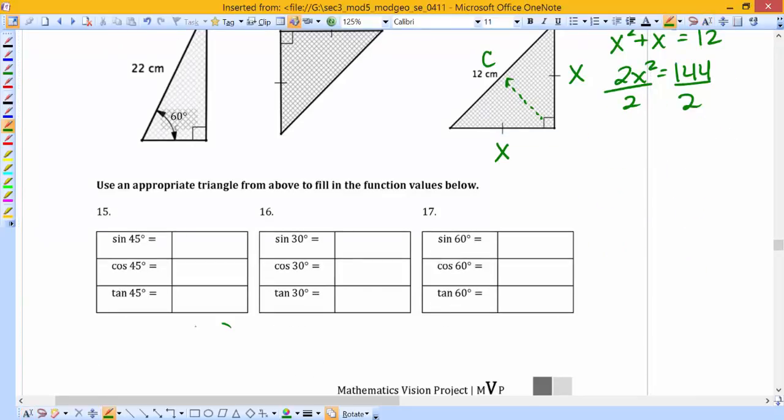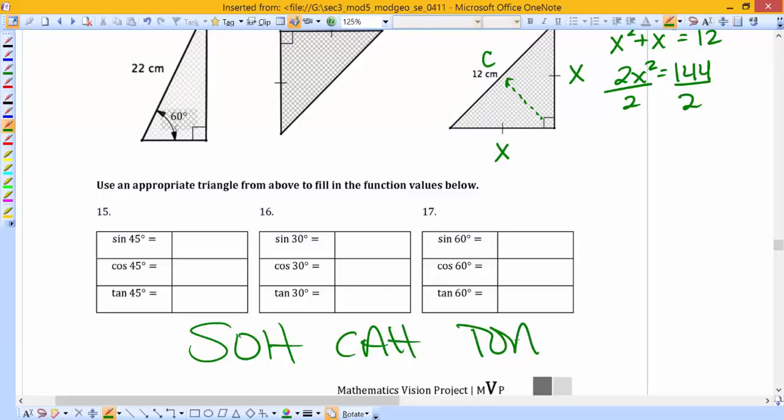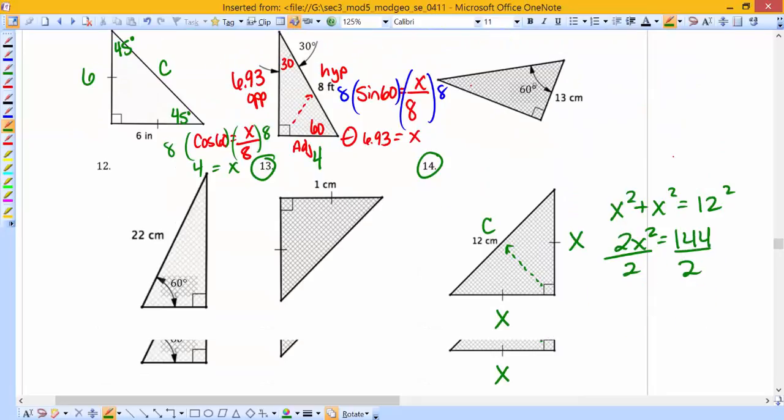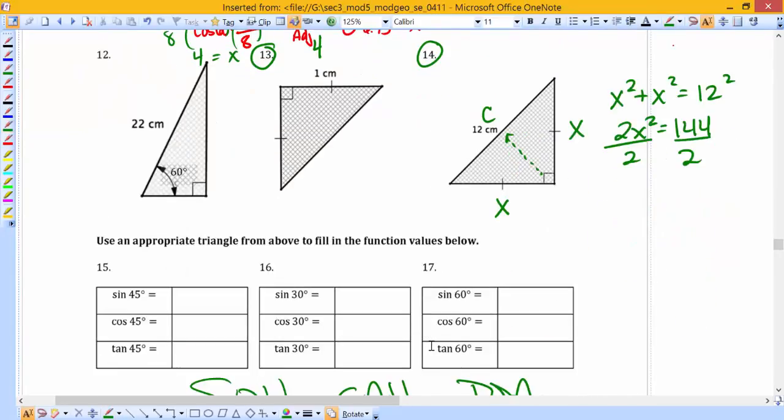Don't forget SOHCAHTOA. So when I see sine, I want to go to a 45-degree angle, and I'm going to use opposite over hypotenuse. When I see cosine, go to a 45-degree angle adjacent over hypotenuse. You've done all of this here already, but you're going to do that for the completed triangles. Okay?